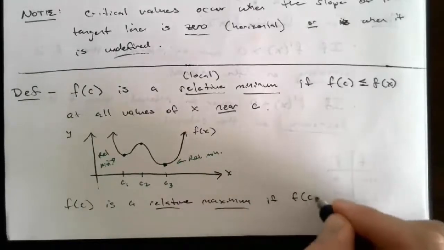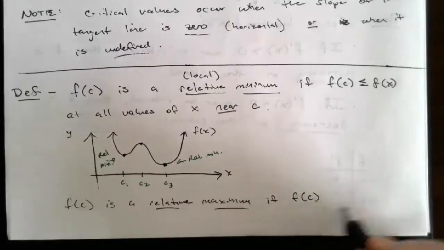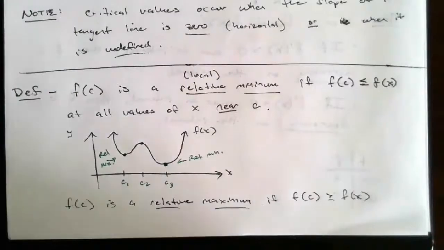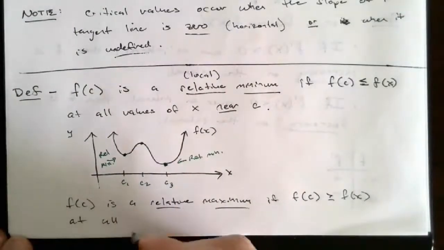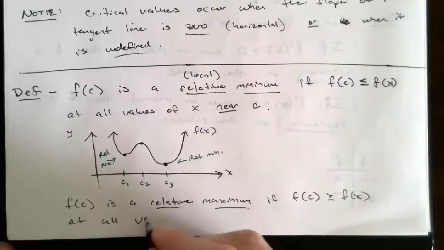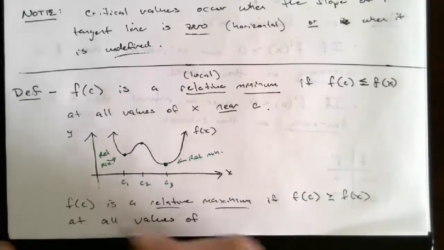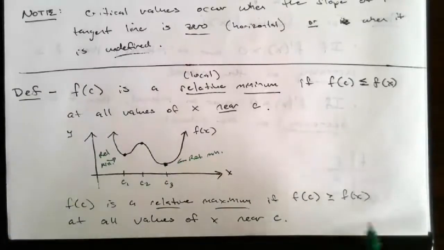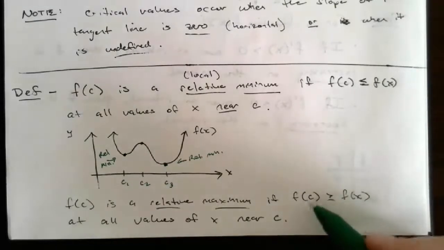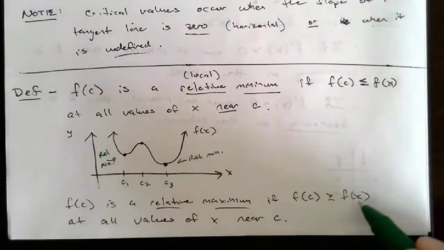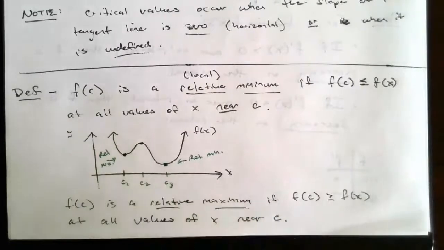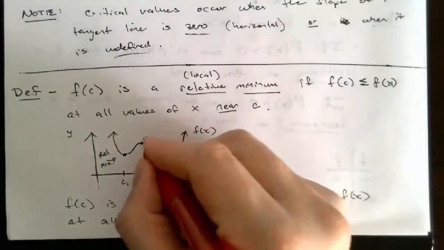If f of c, so if the y value right here at c is greater than or equal to f of x at all values of x near c. In other words, all the y values close to it are lower than the y value you see here. So f of c is the y value, and all the y values that are near it are smaller than it. Well, that's what is happening at point c2 here. This is going to be a relative max.